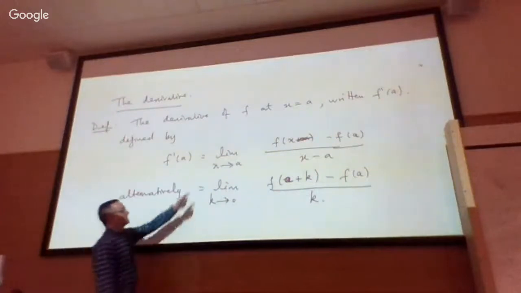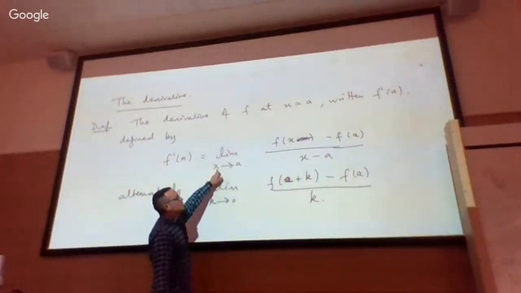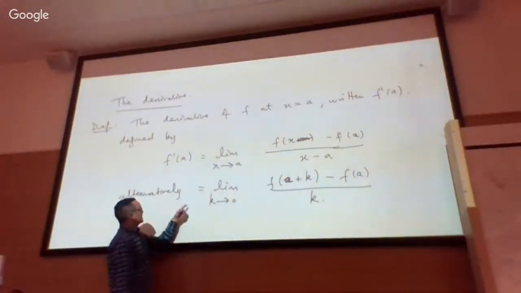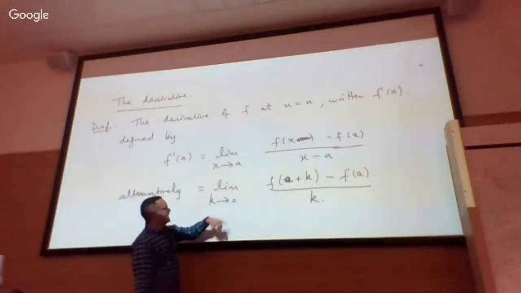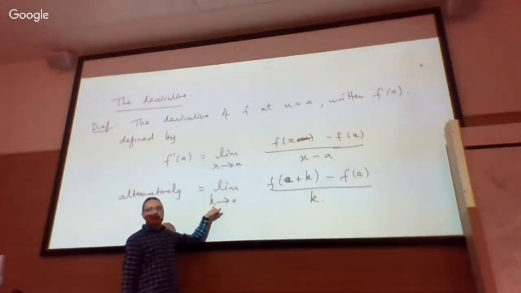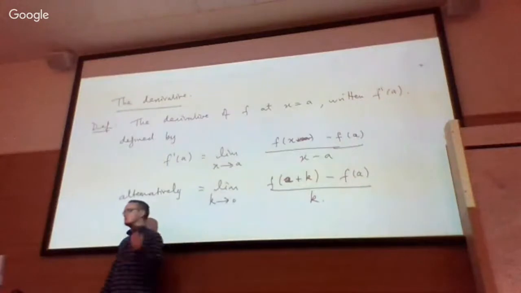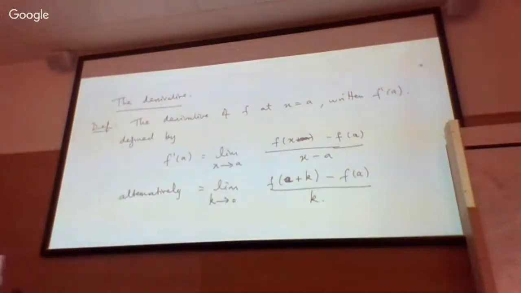So here you're thinking of one fixed point a and one movable point x. Here you're thinking of one fixed point a and this offset k, which you're allowing to decrease to 0, to converge to 0. Exactly the same thing.